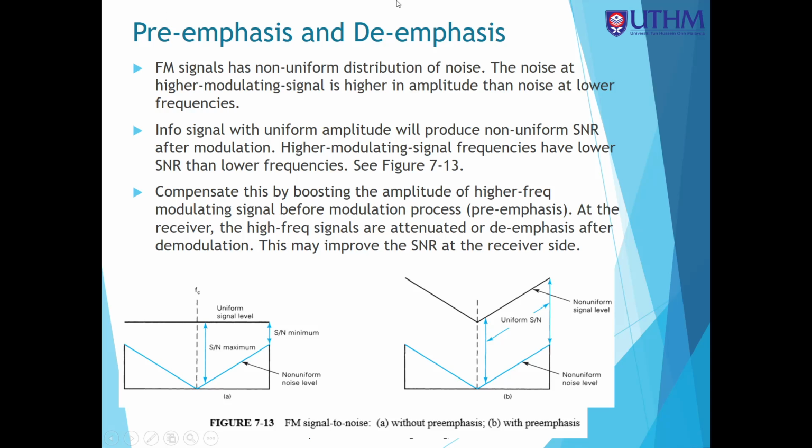So tadi kita naikkan amplitude pada transmitter before the modulations. So since we increase the amplitude, we need to decrease the amplitude with the same factor in the receiver. Okay, kalau kita gandakan sekian value pada transmitter, we need to reduce it at the same factor in the receiver. Okay, kita gandakan, so kita kena kurangkan dengan gandaan yang sama. Okay, itu dikatakan sebagai de-emphasis.